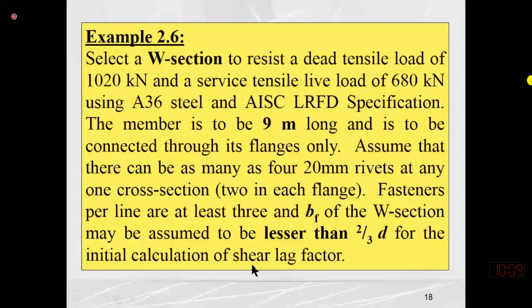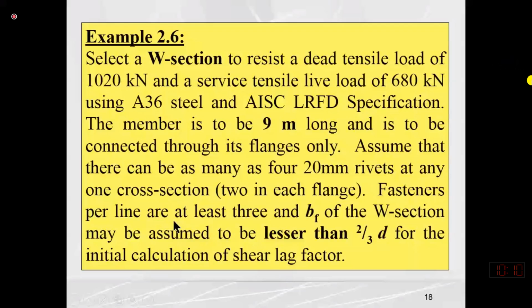Fasteners per line: at least 3. So there are at least 3 fasteners or rivets along the length of the member, whereas the four holes are at any cross section. I will explain why this information is given.